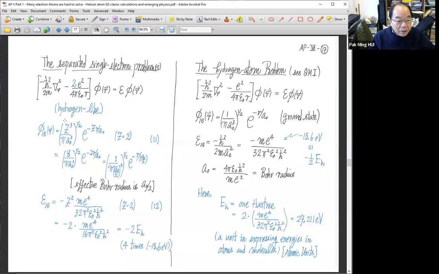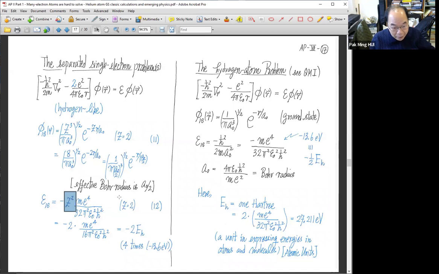Now, this is for general Z. Helium has Z equals 2, the 2 here. Okay, you plug it in. So helium has this ground state form. In terms of ground state energy, because the nucleus has twice the positive charge and the energy is related to the nucleus attracting the electron, therefore there is a Z squared in front.